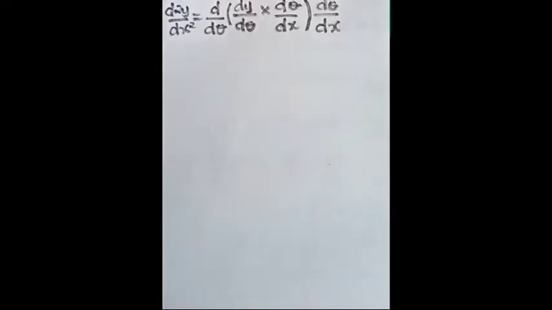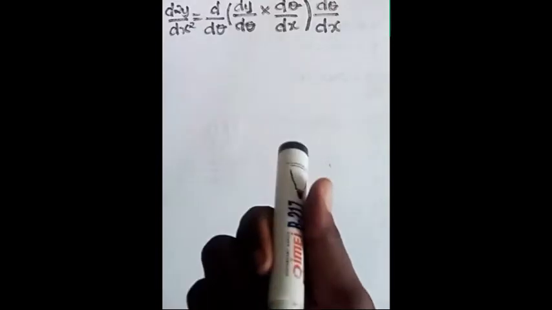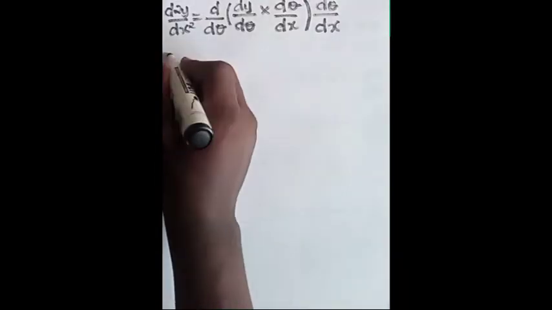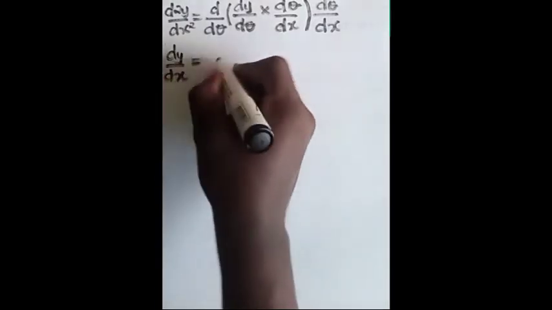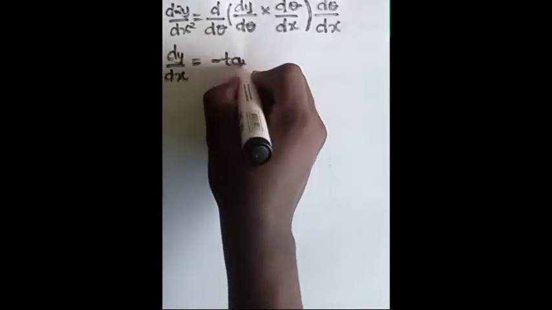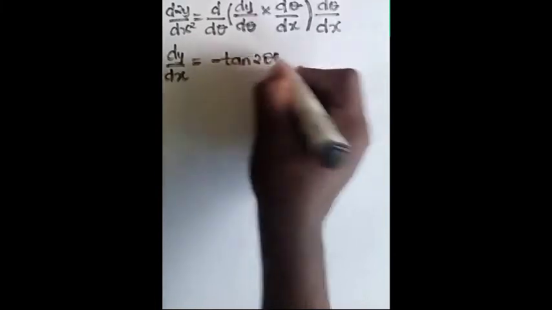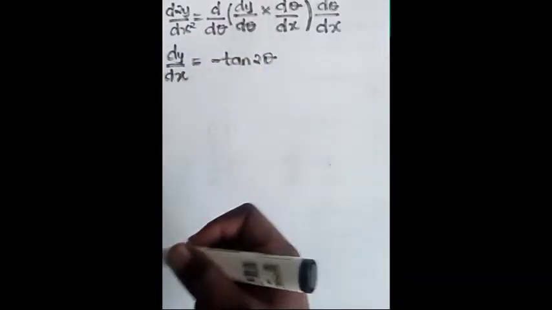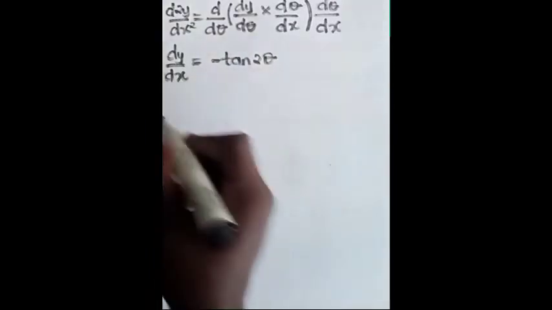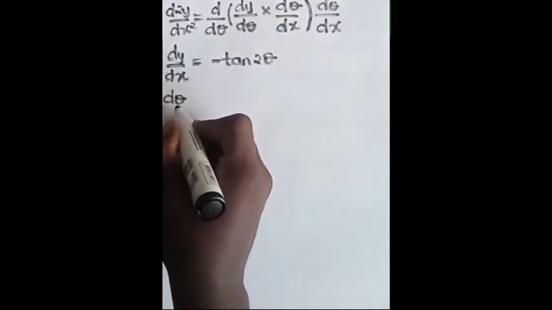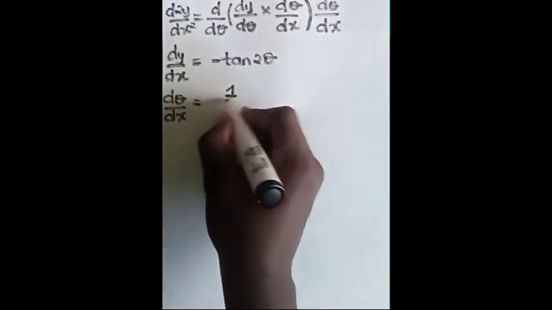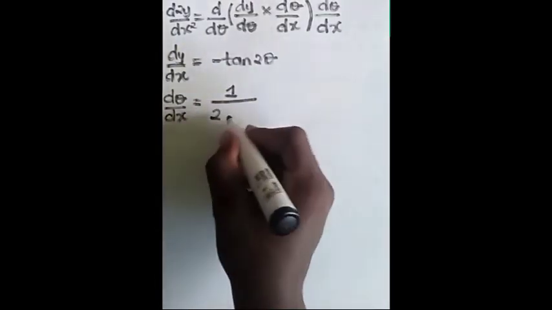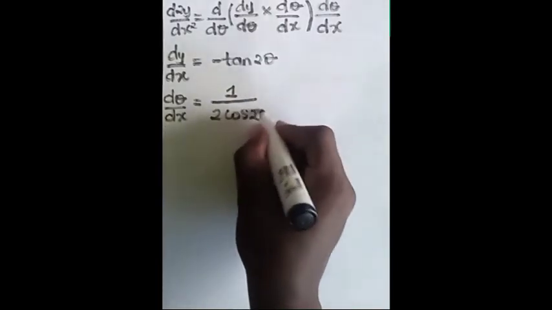So what we're supposed to do now is differentiate dy/dx again, but we know dy/dx is simply negative tan 2 theta from what we saw previously, and now dθ/dx is equal to 1 over 2 cos 2 theta.